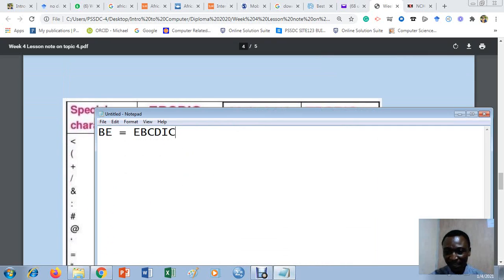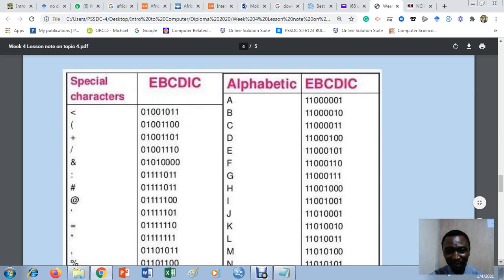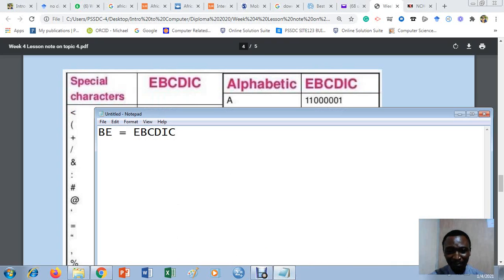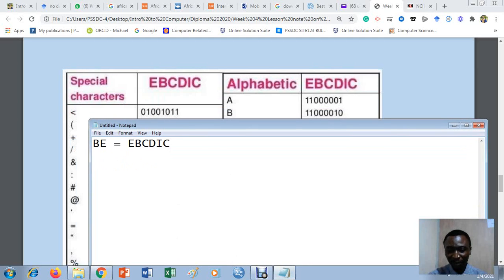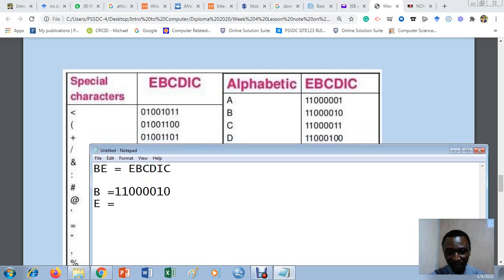So indirectly what I am asking you is, how will the system represent this in machine language? B as a letter is equal to 1 1 0 0 0 0 1 0, and for E, let's take a look at it.